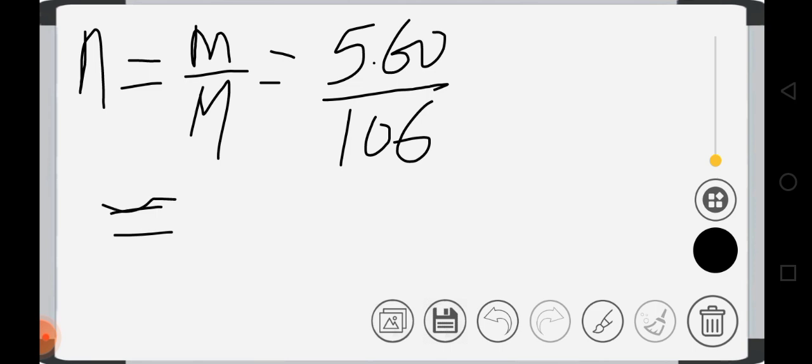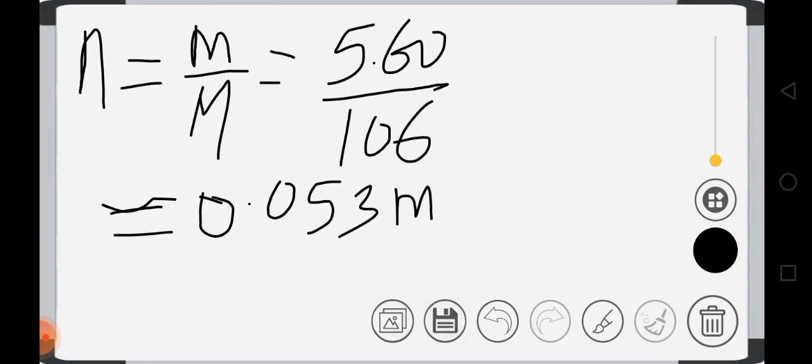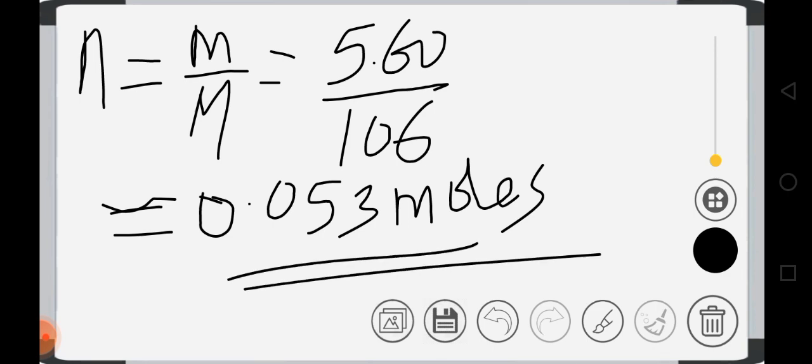You are going to get approximately 0.053. That is the answer, 0.053 moles, not grams per mole. So this is the unit, it is in moles. We're going to have 0.053 moles. So this is the correct thing to do.